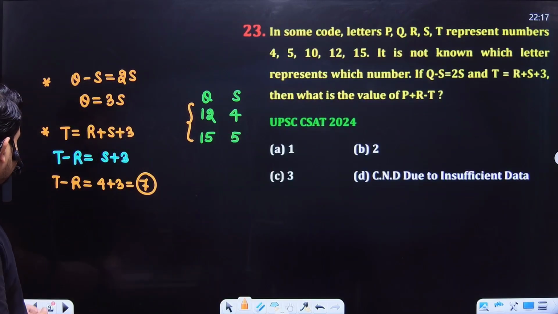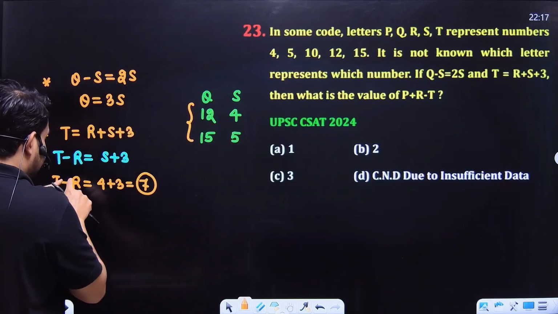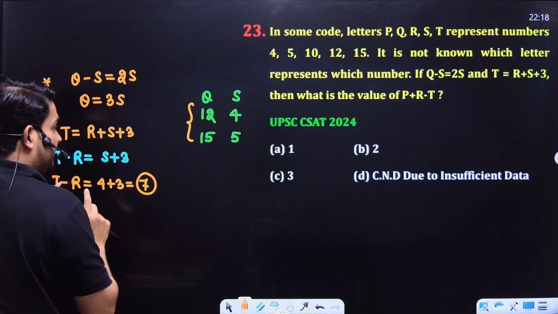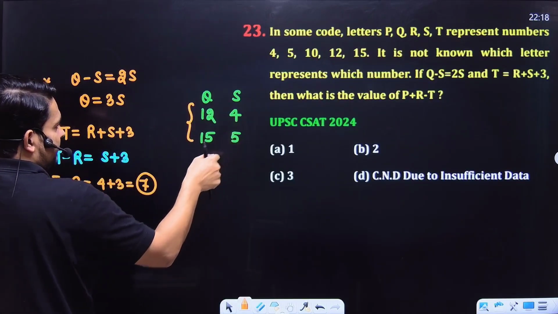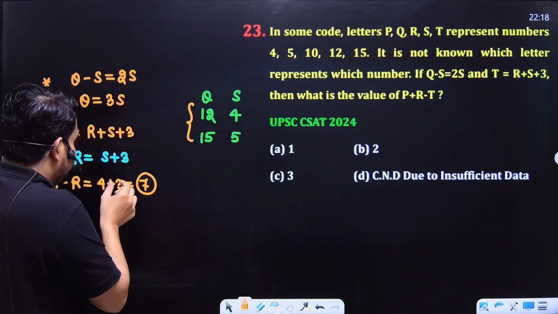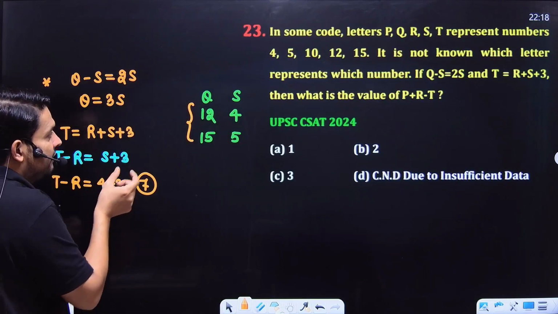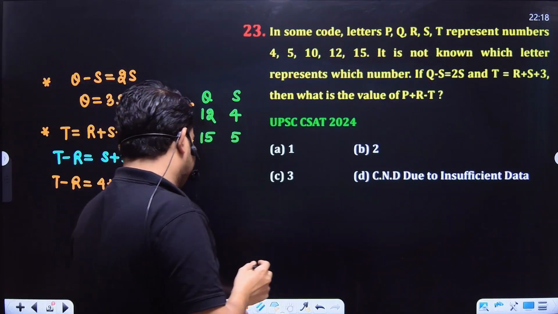But if you take T equal to 12, then R is equal to 5. But here Q is equal to 12 and S is equal to 5, which have already been taken. So where does the difference 7 come from if I take S equal to 4? I cannot take these values.